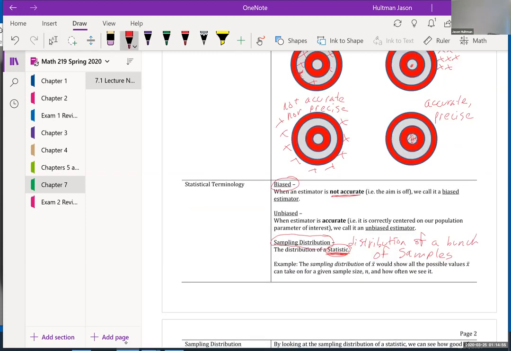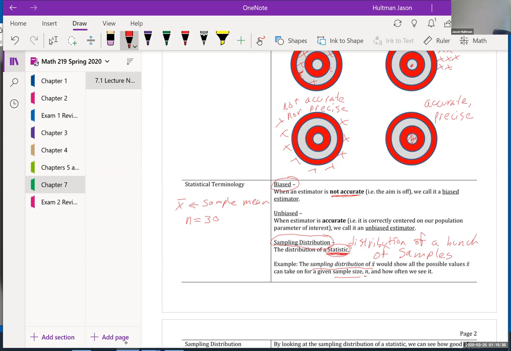Example: the sampling distribution of X bar would show all the possible values X bar can take, for a given sample size N, and how often we see each. Say we were looking for the distribution of X bar, the sample mean, with sample sizes of N equal to 30.